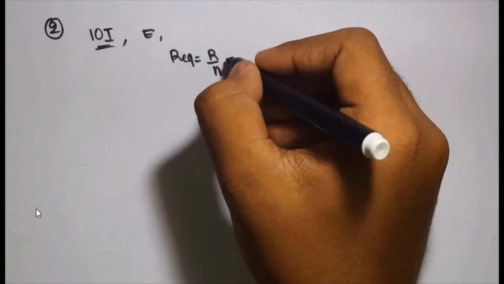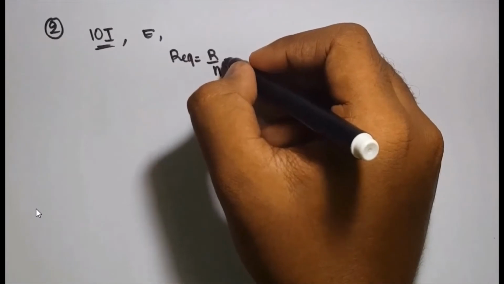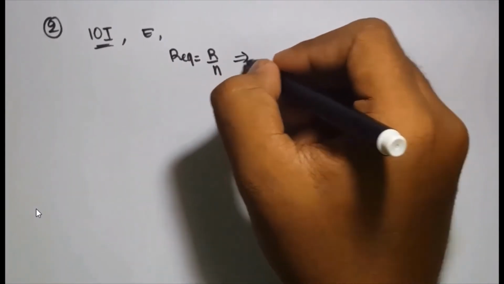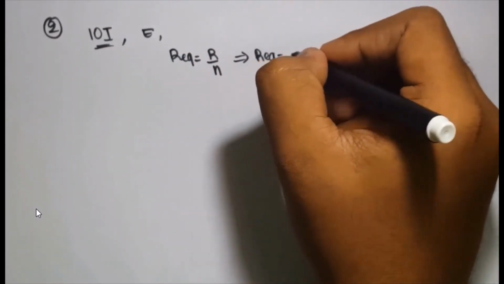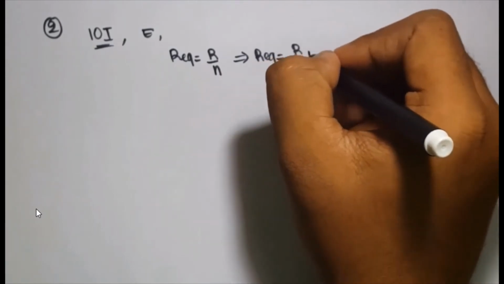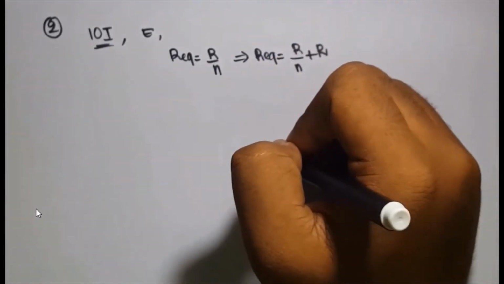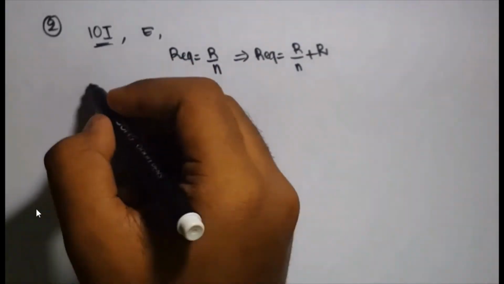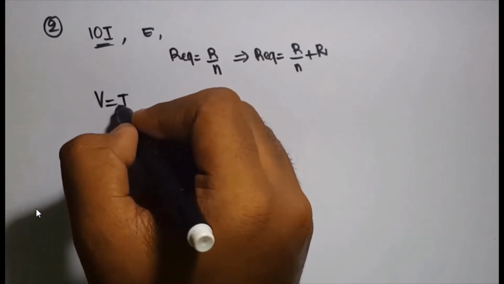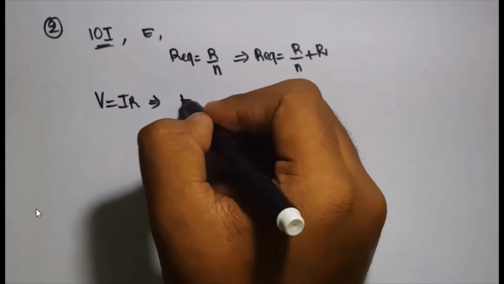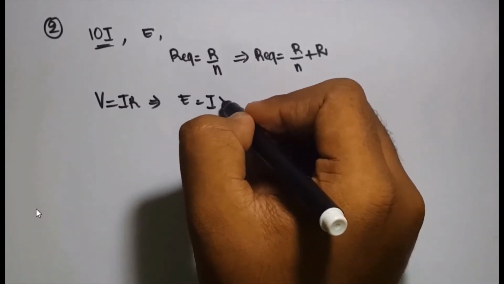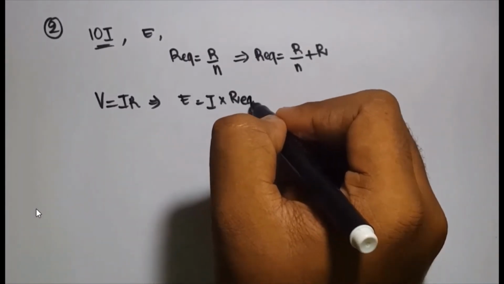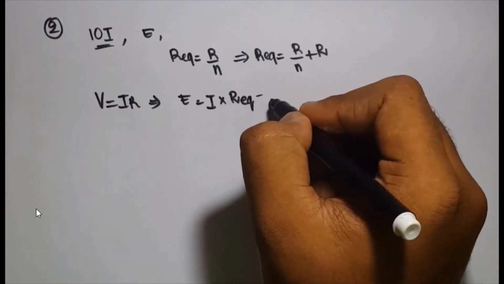So we can write R equivalent as R by n plus R. So the formula becomes V equals IR, that is E equals I into R equivalent of the second case.